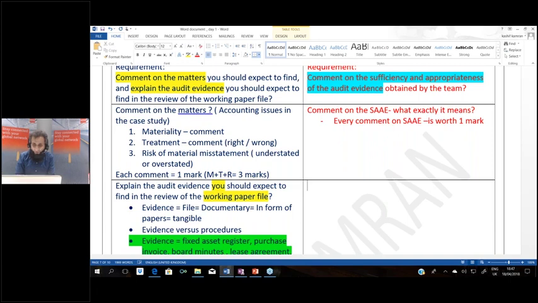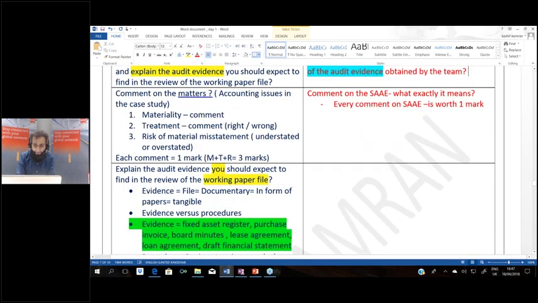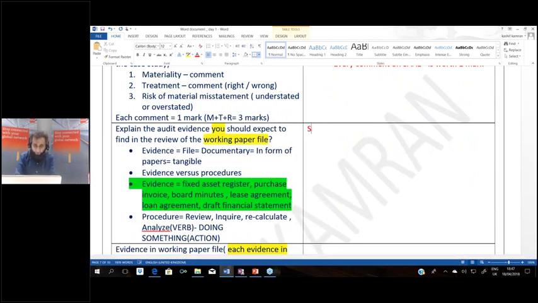When the examiner asks you to comment on the sufficiency and appropriateness of the audit evidence, SAAE means, number 1, the evidence given in the case may or may not be sufficient appropriate audit evidence.